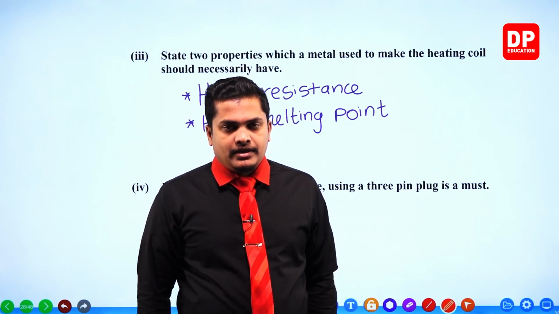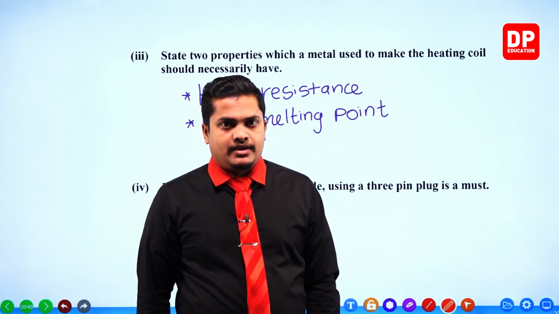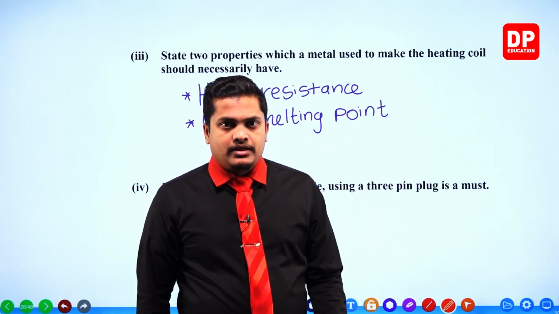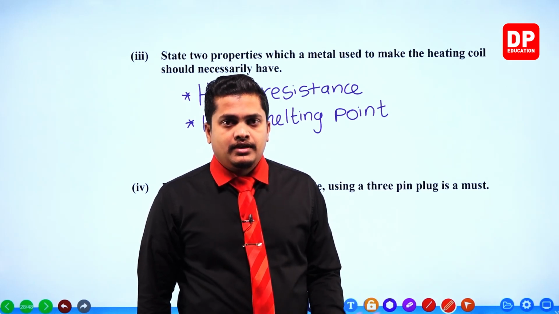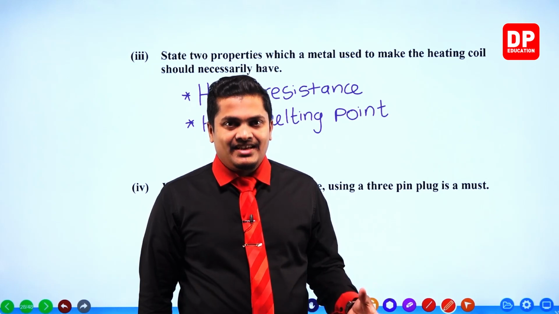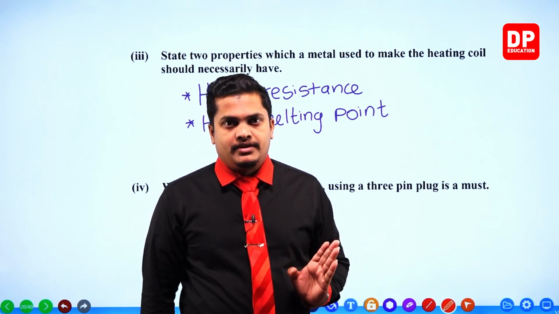Okay. So my dear children, the whole idea of using this 3-pin plug is in order to successfully earth the electric current which is getting leaked from a certain electrical equipment.